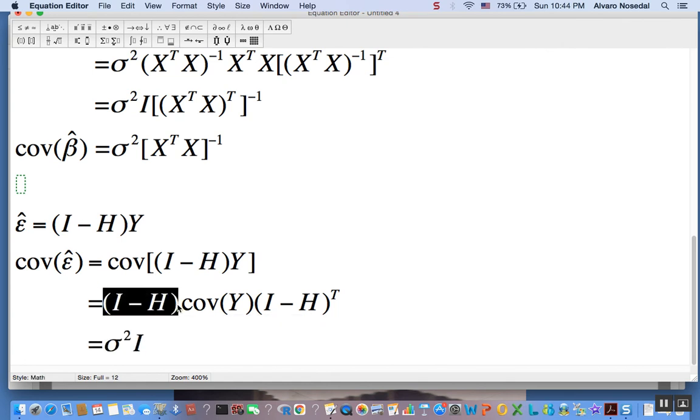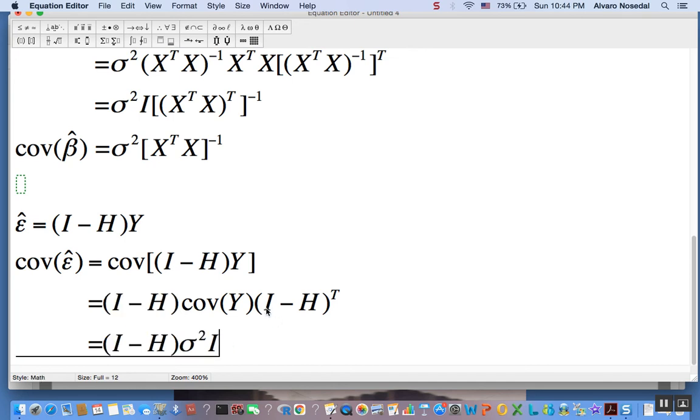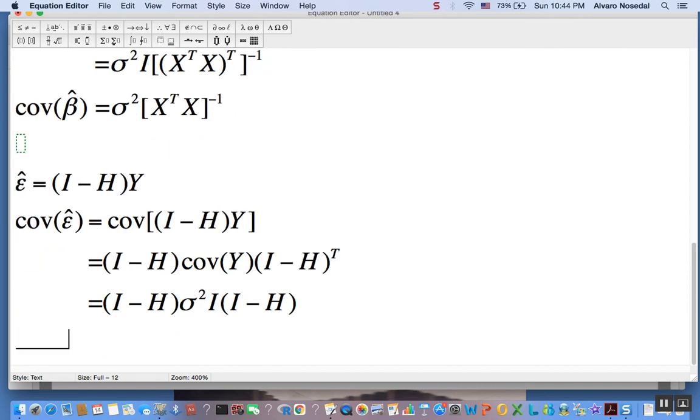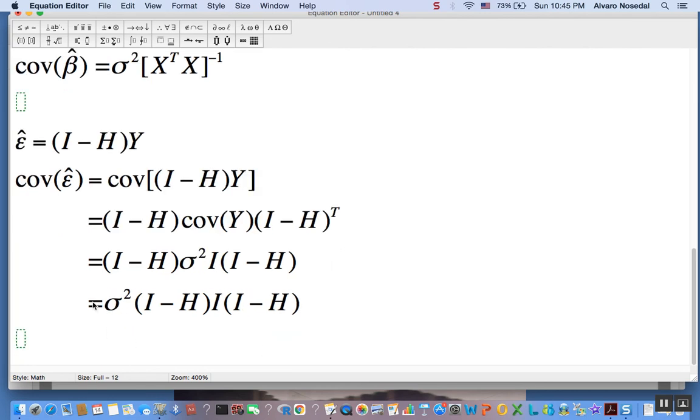So I have I minus H times sigma square times the identity. And remember that we showed that I minus H is symmetric. So instead of I minus H transpose, we get to write I minus H. And then, just like before, we get to factor out that constant. Let me pull it out. Identity times I minus H, I minus H.